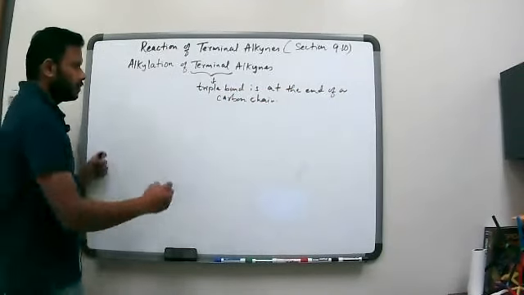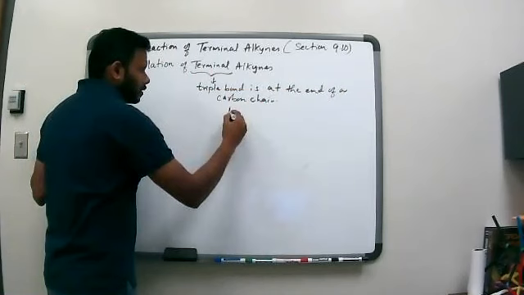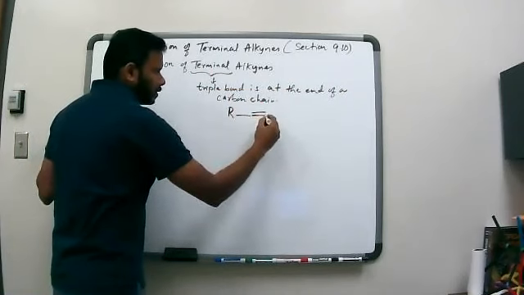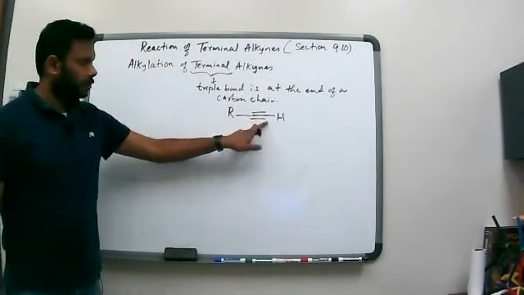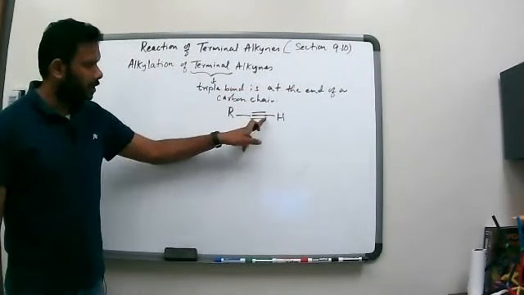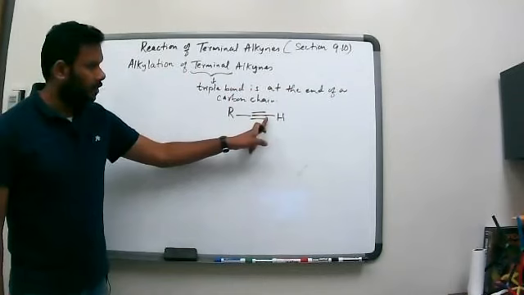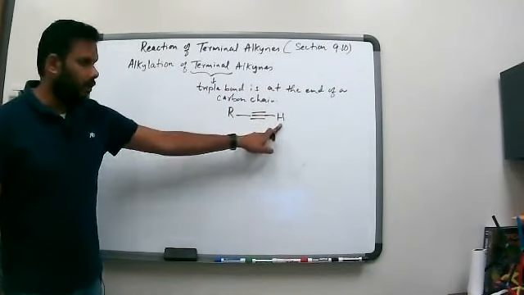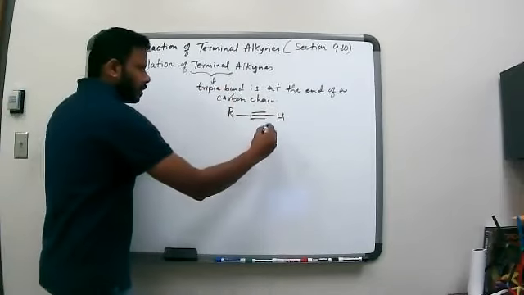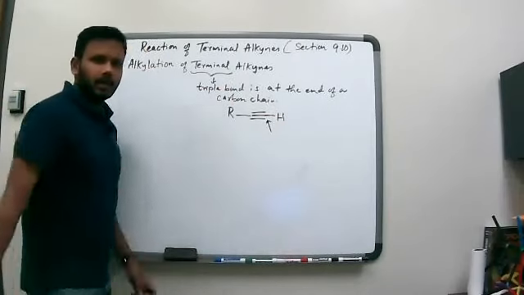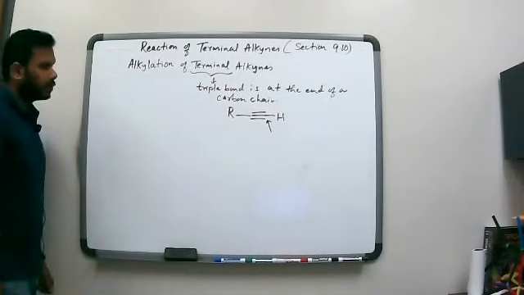So we are talking about molecules like this, where we have a triple bond at the end of a carbon chain, and realize that this carbon here has a hydrogen on it. This chemistry is basically the chemistry of this carbon. What can we do at that carbon? That is what we're going to talk about.